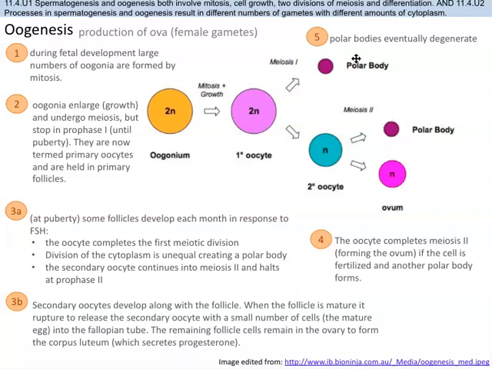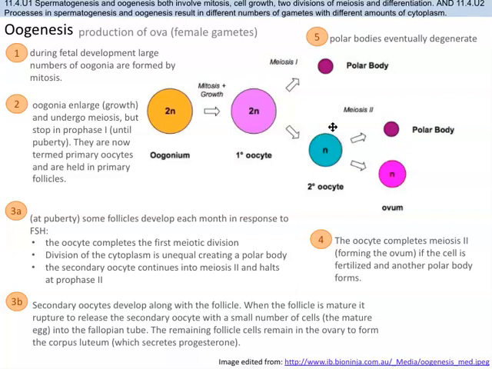So what are these polar bodies all about? Well, these are what would be another egg cell. However, it's actually more advantageous to put all the nutrients and resources in cytoplasm into one large viable egg, and this is where the differences in cytoplasm come about as well, because remember, in spermatogenesis we had smaller amounts of cytoplasm but more of the cells that are produced, more of the gametes.